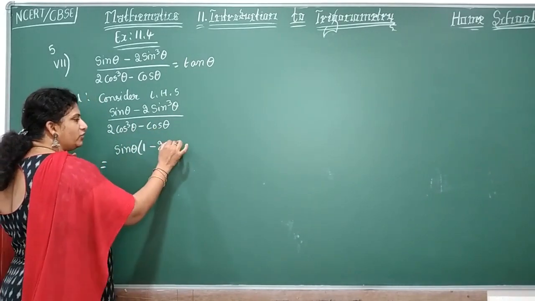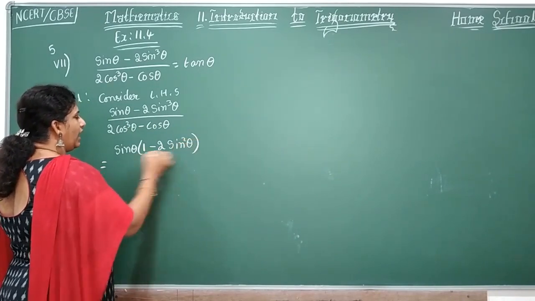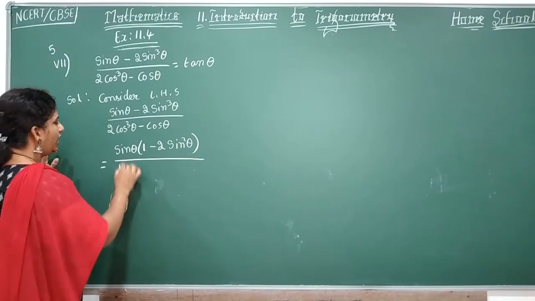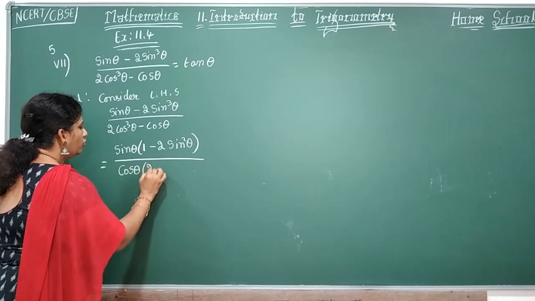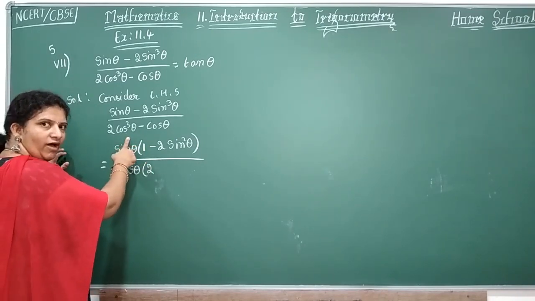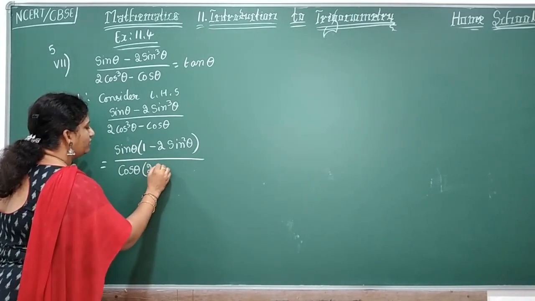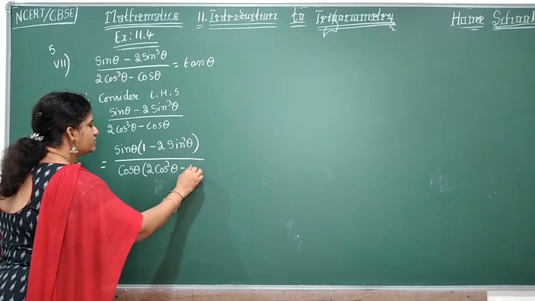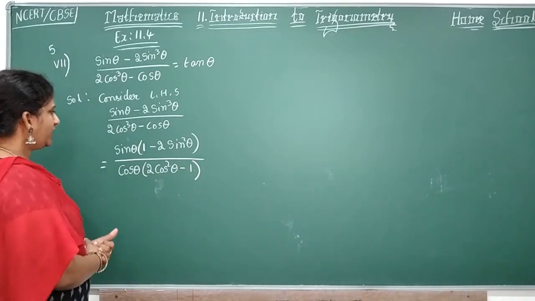Whole divided by, here again take cos theta common. From 2 cos cube theta, if one cos theta is removed, cos square theta will be left, so 2 cos square theta minus 1.